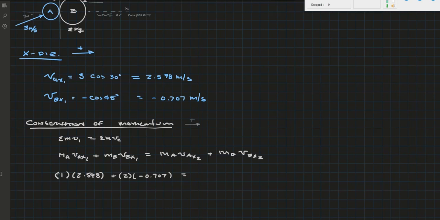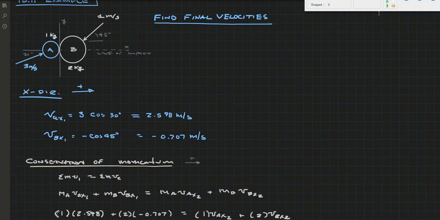And then this equals mass of A, velocity of A, x2 plus mass of B, velocity of B, x2. Of course, we can replace these masses with the quantities that we have, and we see that we are missing velocity of A x2 and velocity of B x2. Now, one thing I forgot to add here is that our coefficient of restitution, e, equals 0.75.